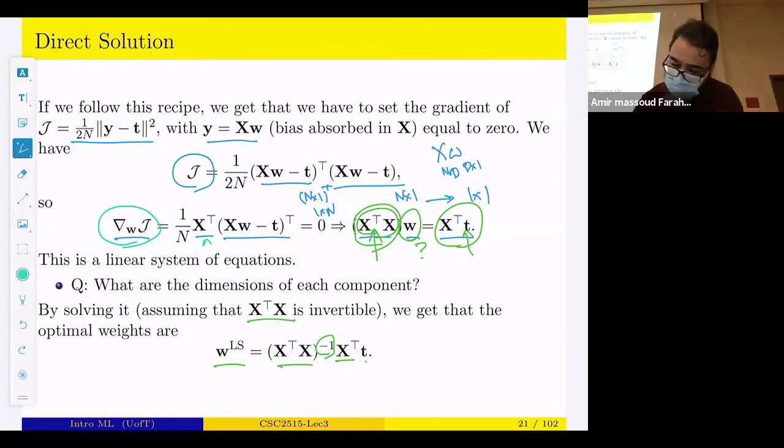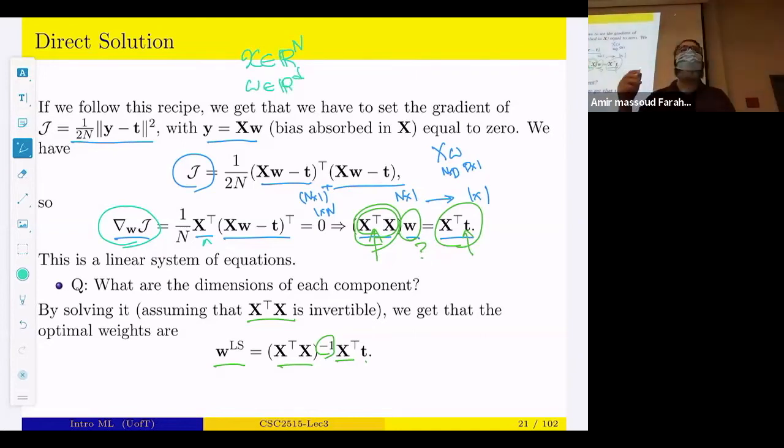So X belongs to n-dimensional space and weights belong to d-dimensional space. I guess in previous slides I used capital D, but it doesn't matter. So we take some function and compute the derivative of it with respect to each of those weights. How many of those weights do we have?